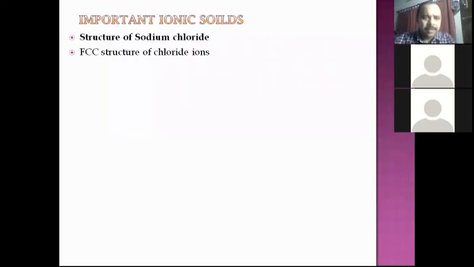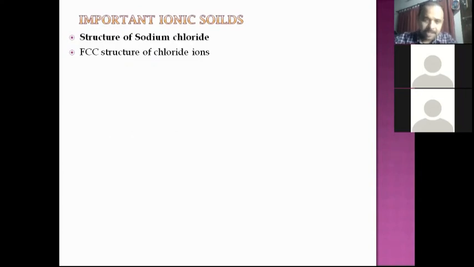When I say the FCC structure is formed by chloride ions, what do you mean by that? Cl minus ions will be present at all the lattice points of the FCC unit cell. Which are all the lattice points of the FCC unit cell? Corners and face centers. Correct? FCC means particles or lattice points will be present at the corners and the face centers. So if chloride ion forms the FCC, chloride ions will be present at all the corners and face centers.